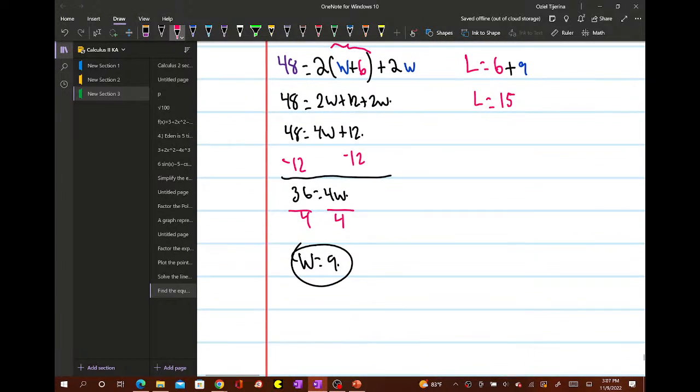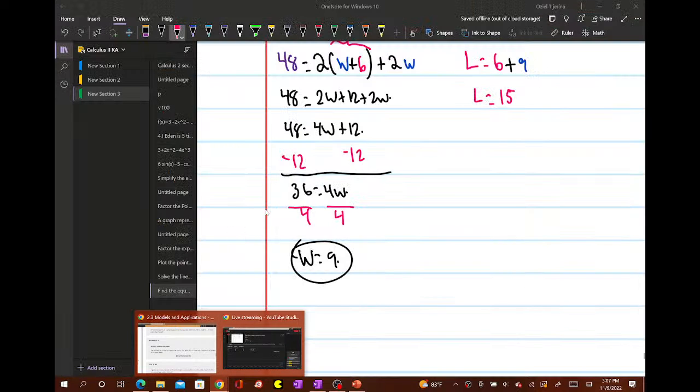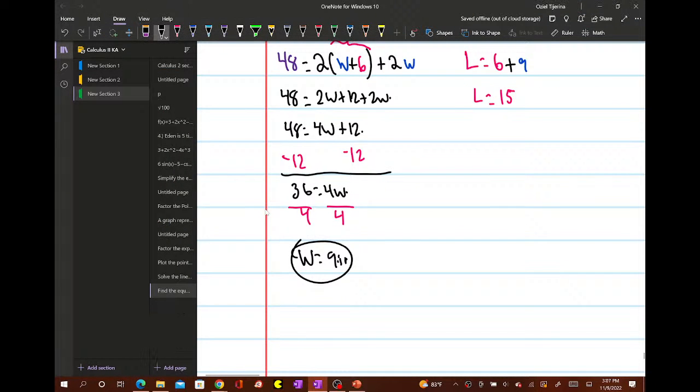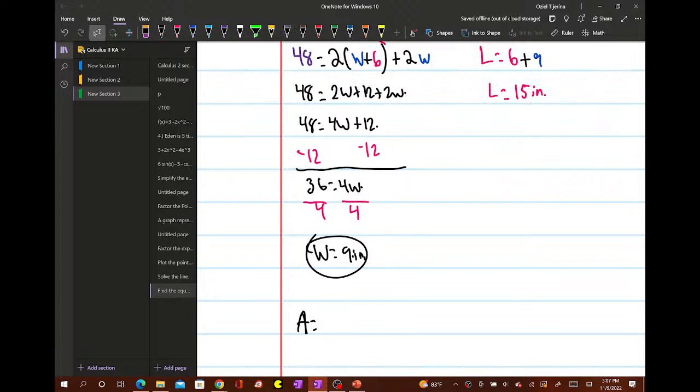I keep forgetting, was it inches or feet? I can't remember. Inches, it was inches. Okay, so we're gonna put inches here, and inches over here. And now they want to know the area. So the area is 15 times 9, right?